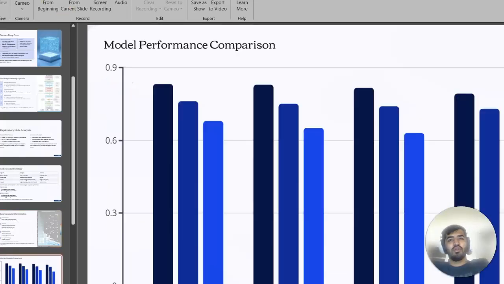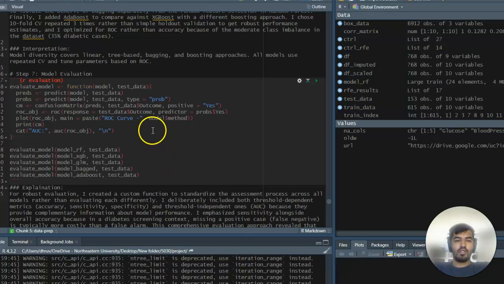Now let me demonstrate how the model performs on the data. This is my code for the model evaluation. Let's evaluate it. This is how the result looks like.